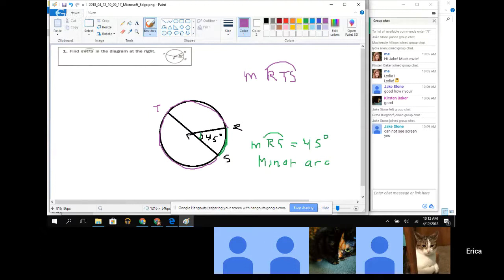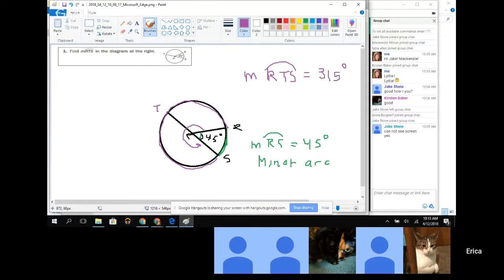Well, the measure of arc RTS is the same as the measure of this angle here. All circles add up to 360 degrees, and we have 45 degrees sliced out of that, right? So if we take 360 degrees and subtract 45, we get 315 degrees. I think you guys all were like, this is easy peasy, right?